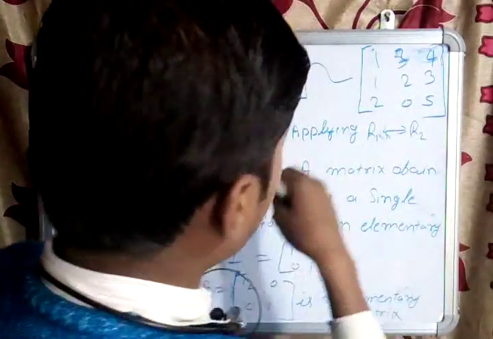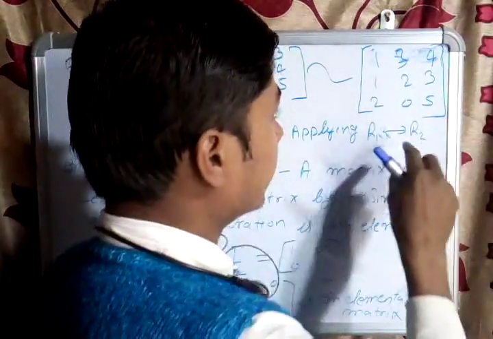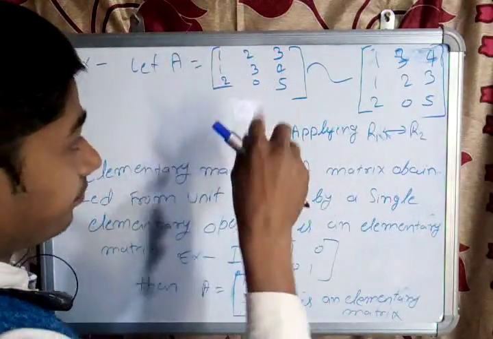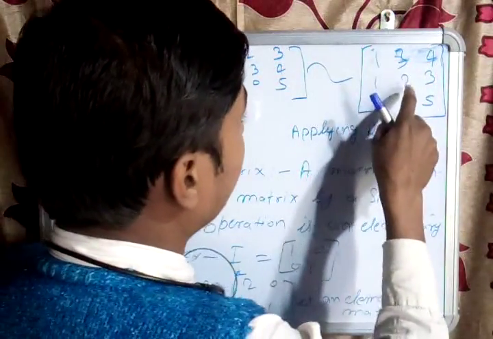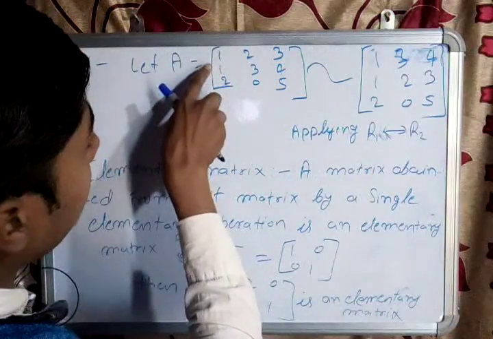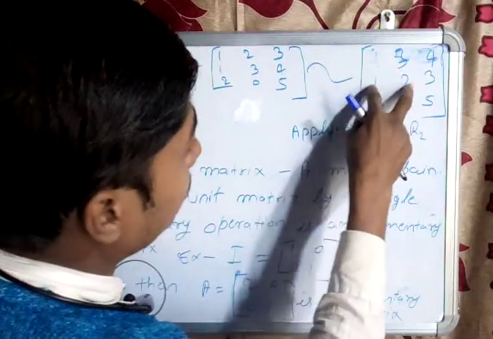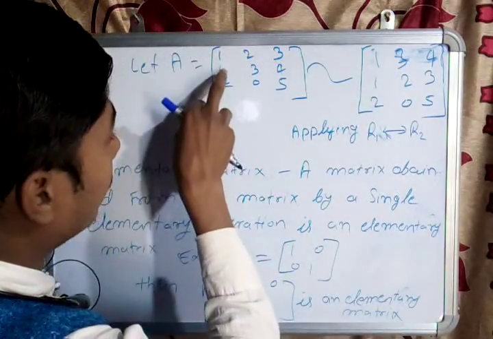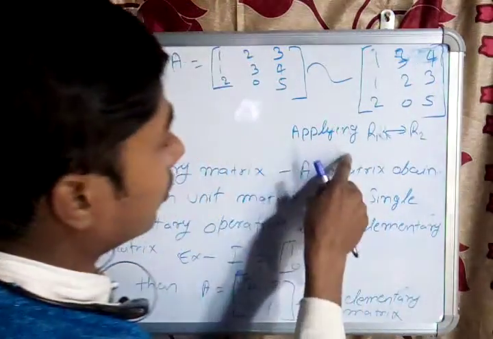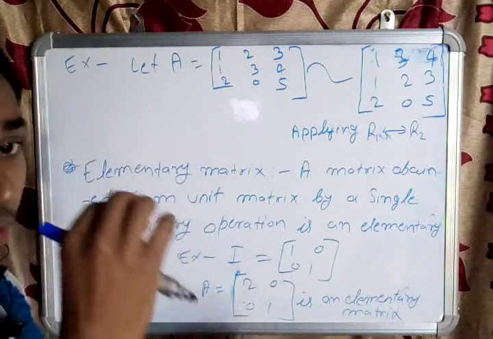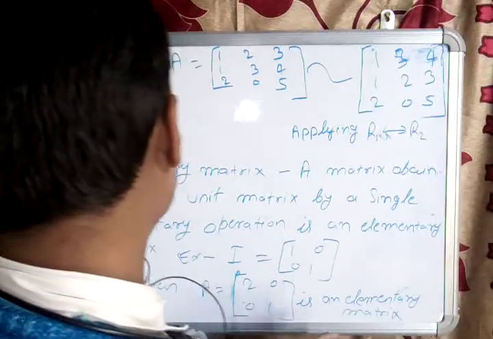Interchange of first row and second row, then we show here 1 2 3 and 1 3 4, because of the interchanging of the first row and second row.